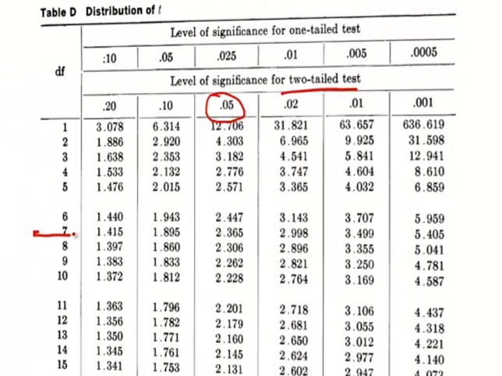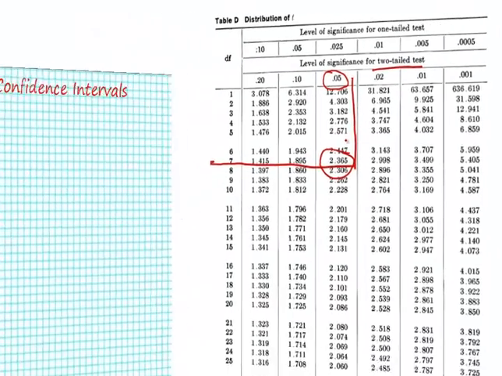So now I know I'm reading across the row labeled 7, and down the column labeled 0.05, and I come to my t-statistic, 2.365. Again, for this course, it would be okay if you used 2.306 for 8 degrees of freedom.